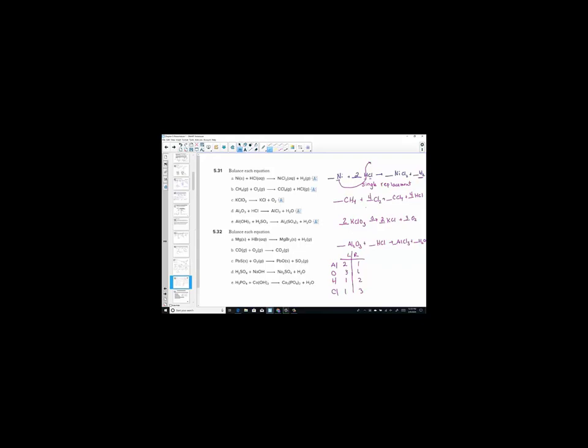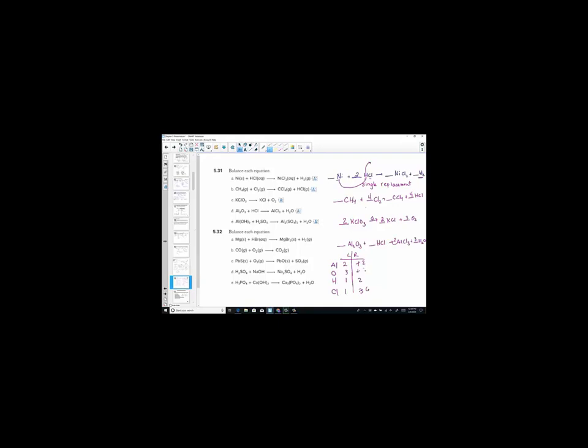For no other reason than it's written on the top, I'm going to start with aluminum. I'll do that by placing a 2 in front of aluminum chloride. Fix your T-chart. We have 2 aluminums, and now 2 times 3 is 6 chlorines. All right, that's fine. Oxygens, there's 3 on the left. Shall we try a 3 on the right to repair the oxygens?